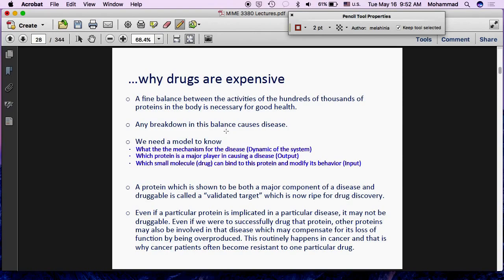At the beginning, one molecule may have some effect, but the body is not a linear time invariant system. It's pretty much a nonlinear time variant system. So our body adapts, and unfortunately, sometimes that system changes in a way that that input no longer has that effect on the output. That's the concept of drug resistance.